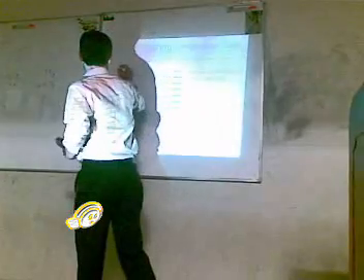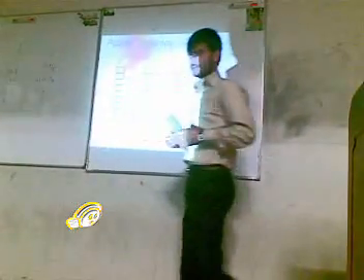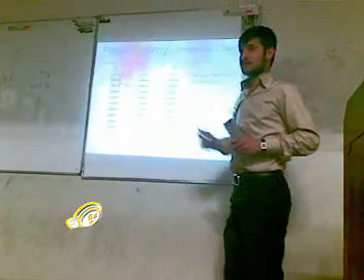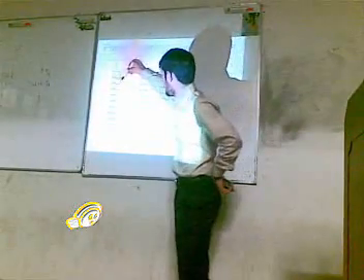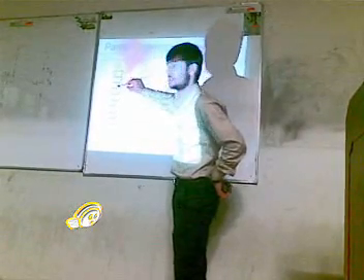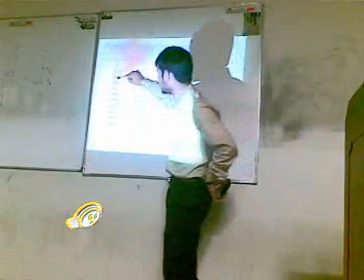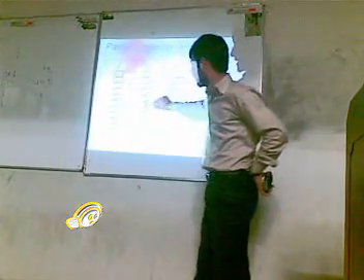Here are the clocks of processes P, Q, R. Let's suppose these are three clocks. The logical clocks are increasing by different rates: this one by 6, this one by 8, and this one by 10.